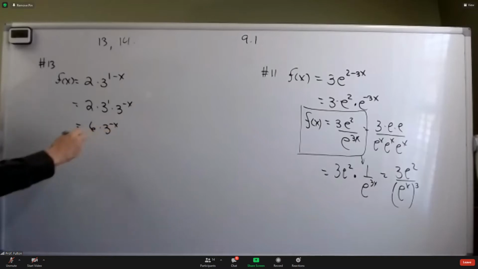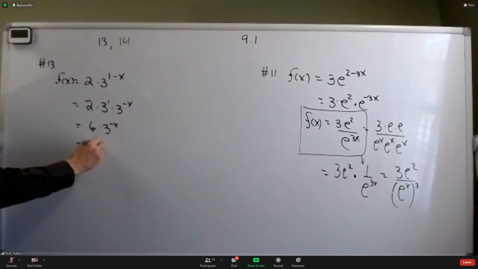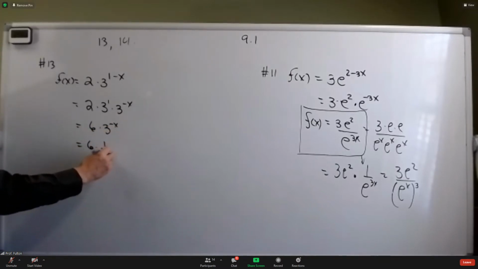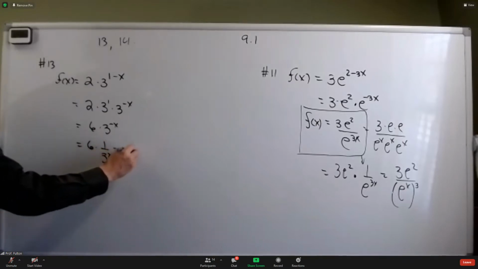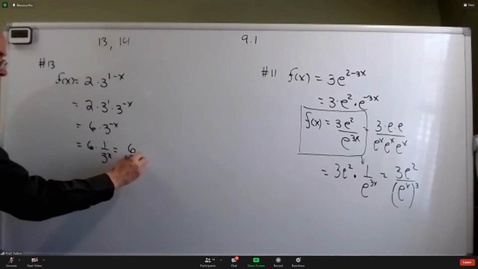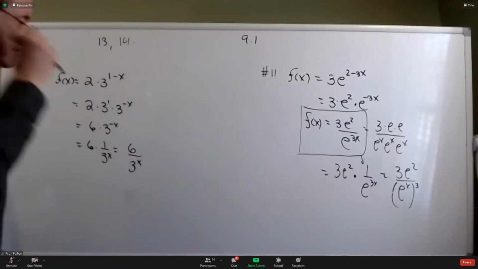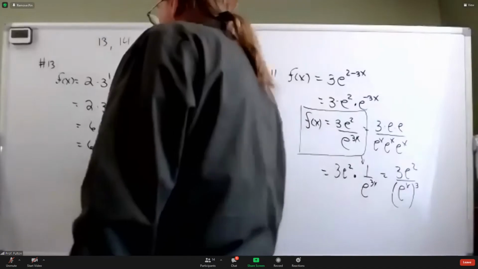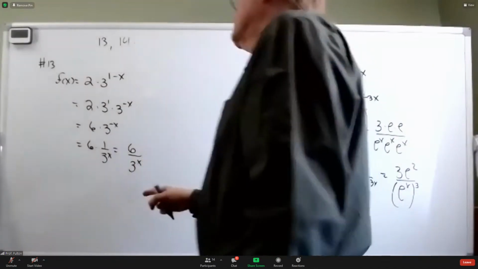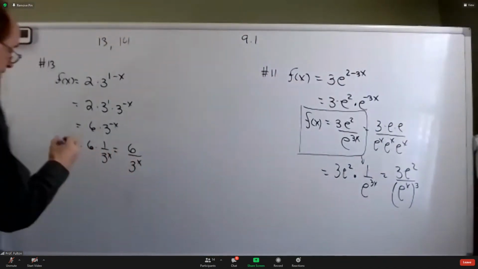Well, negative exponent, I can write that as 6 times 1 over 3 to the positive x. So if I wanted to, I can write that as 6 over 3 to the x. Now, the 3 does not cancel into the 6 at all. There's no cancellation because this is the first power, that's the x power. So either one of these would be fine.